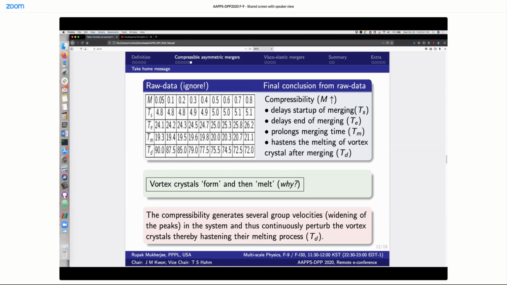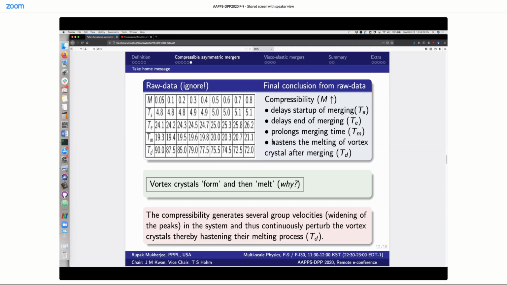That means the filaments take more time to reach the point vortices, and it also makes the whole process slower. That is, the engulfment of the individual point vortices into the patch is also delayed. So it prolongs the merging time.